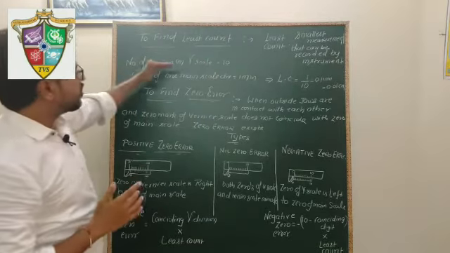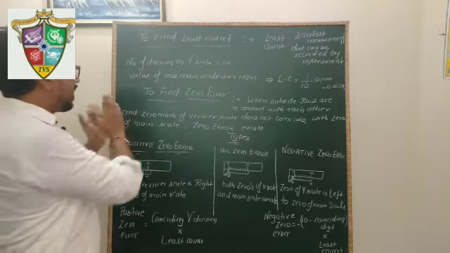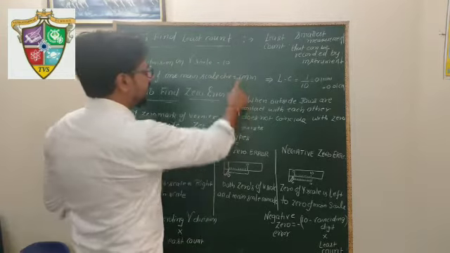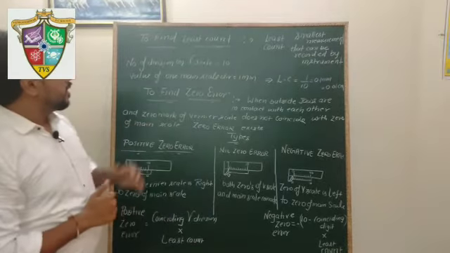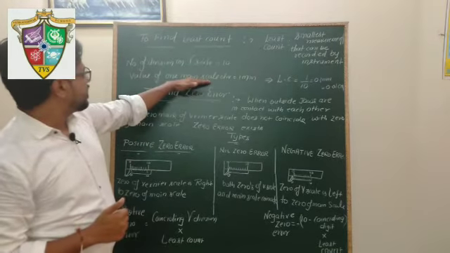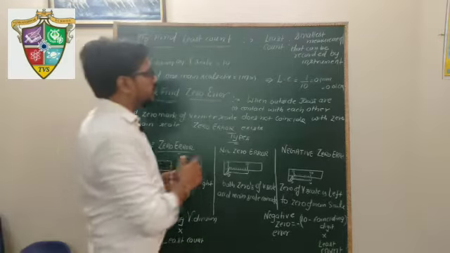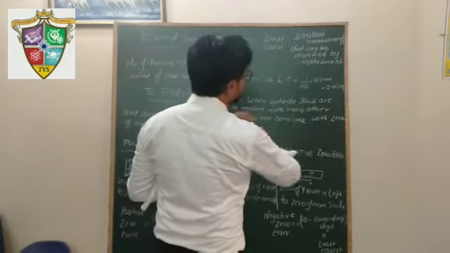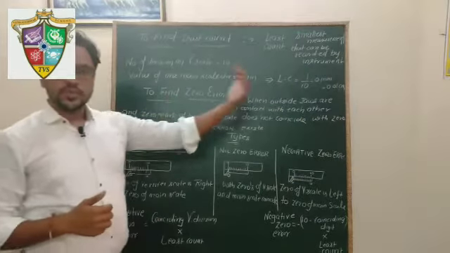So the number of divisions on the vernier scale is 10, and the value of a main scale division is 1 mm. So least count can be calculated by dividing the main scale division by the number of divisions on the vernier scale. So the least count of this vernier caliper is 0.1 mm, or you can say 0.01 centimeter.